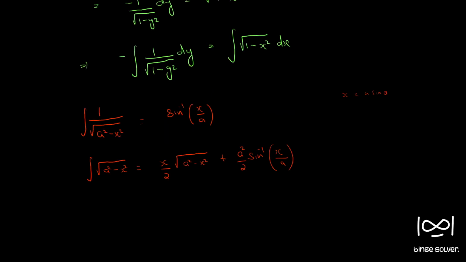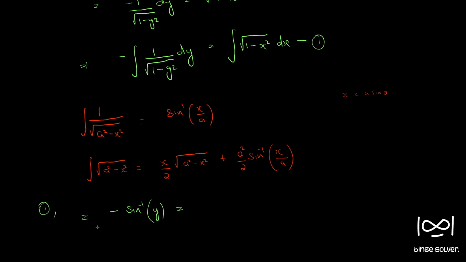So we had minus 1 by root of 1 minus y square. So it gives minus sine inverse y. Let this be equation 1.